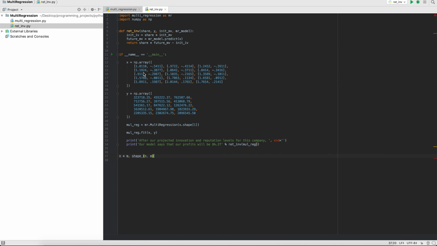In our case, the number of rows, n, is 15, but we don't want to create 15 weights. We only want to create as many weights as we have inputs individually. So we have only 2 inputs. So we want to do shape[1] so that we get the m value.